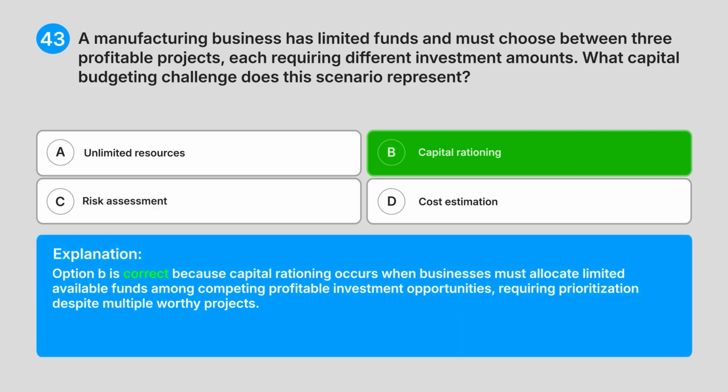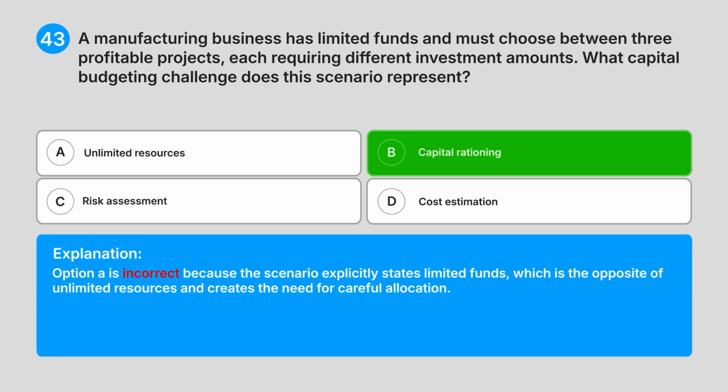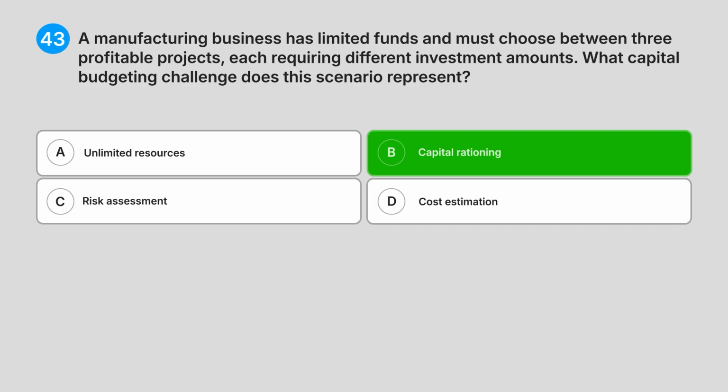Explanation: option B is correct because capital rationing occurs when businesses must allocate limited available funds among competing profitable investment opportunities, requiring prioritization despite multiple worthy projects. Option A is incorrect because the scenario explicitly states limited funds, which is the opposite of unlimited resources and creates the need for careful allocation.